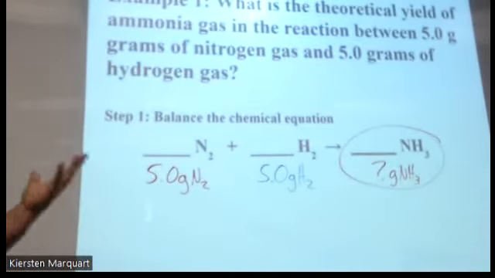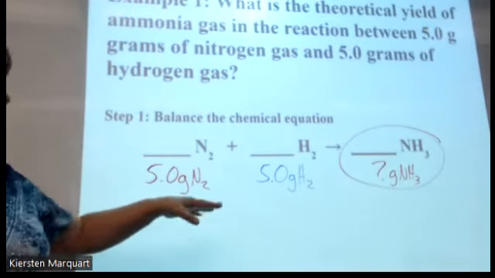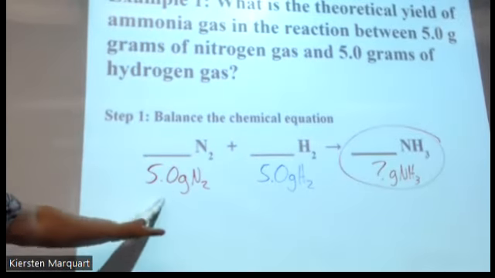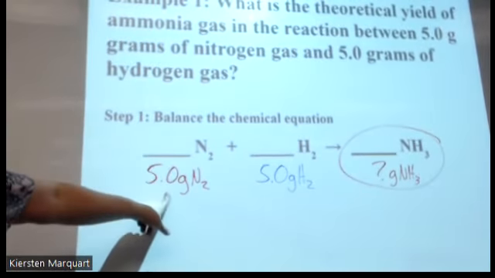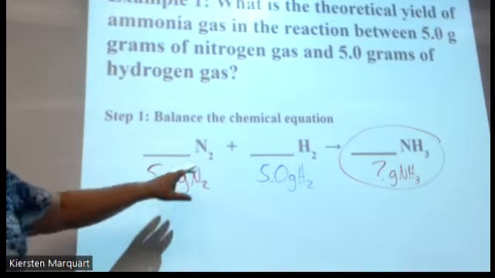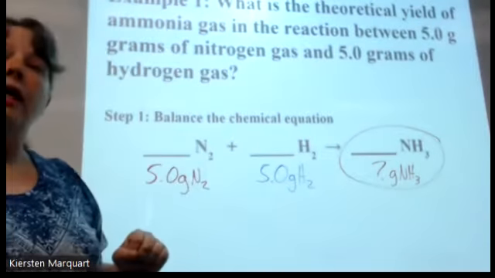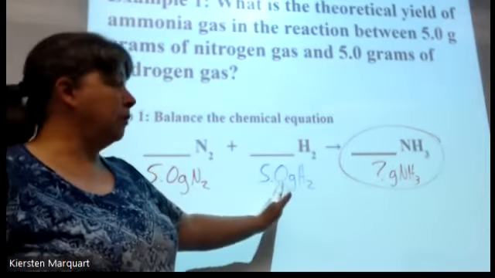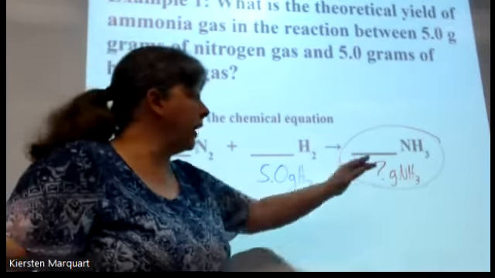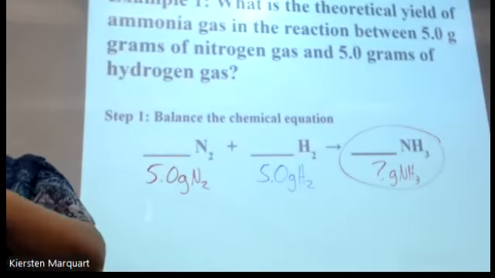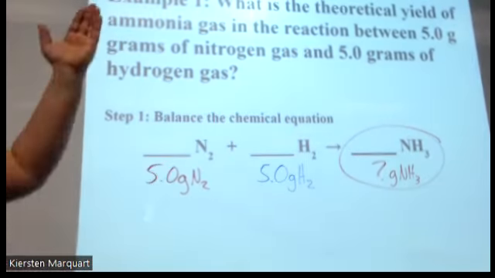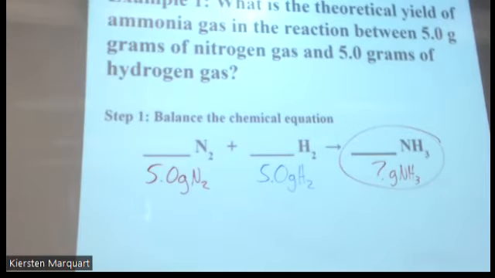So this time we're not told that we just have nitrogen and we have excess hydrogen. So what we need to do is figure out how much product will be formed by this reactant. And then we're going to do the same thing over again, where we figure out how much product is formed by this reactant. Then we're going to compare what we were able to produce and decide what the true theoretical yield is based on that.